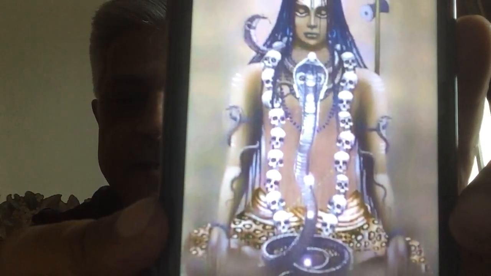But very prominent is the cobra, which is arisen and is almost parallel to him, as though to symbolize that his Kundalini is awakened. Of course, Lord Shiva's Kundalini is always awakened, his life force, his energy is always in the state of transcendence, in the state of realization.